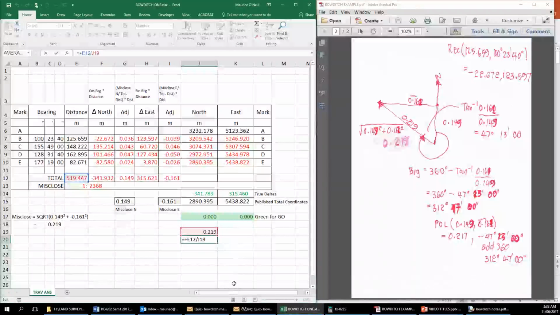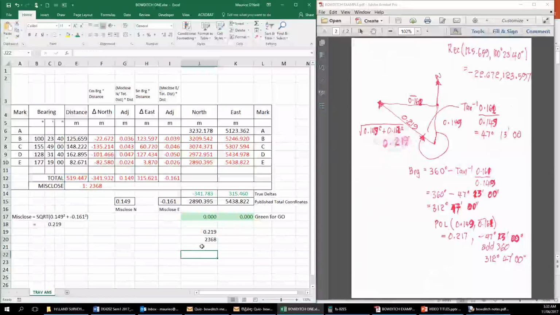Just that divided by that, and that gives us our misclose, which is 1 to 2368. The ratio 1 to 2368, which is just put in there. So it's just the length of your misclose, worked out by Pythagoras, and divided into the total distance.